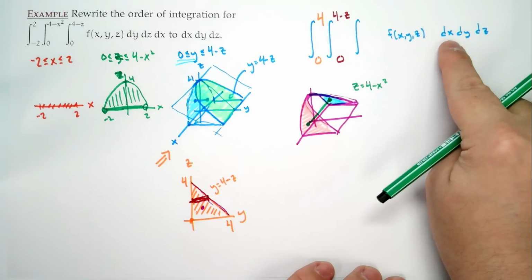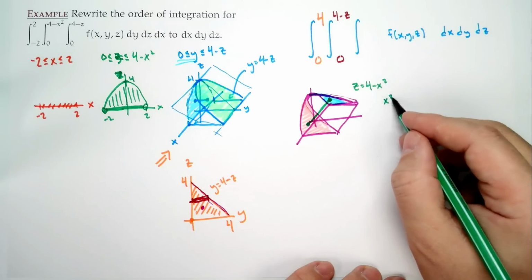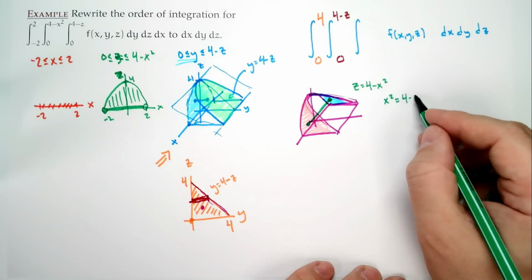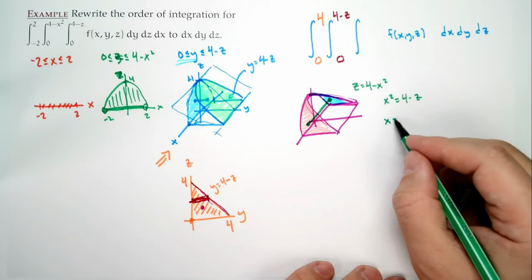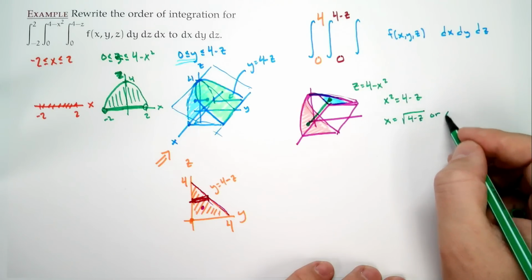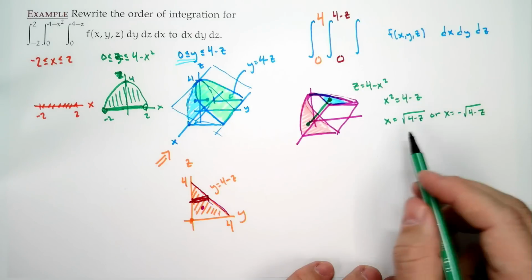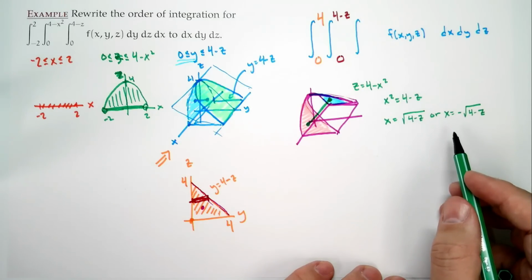But remember, we have to solve for x. So x squared would be equal to 4 minus z, and so we get x equals the square root of 4 minus z, or x equals minus the square root of 4 minus z. And the question is, which one do we need? And the answer is, you need both.